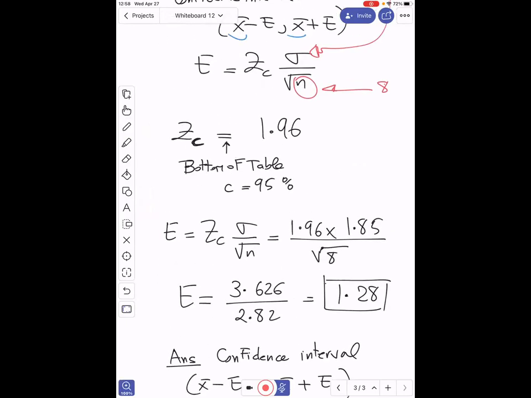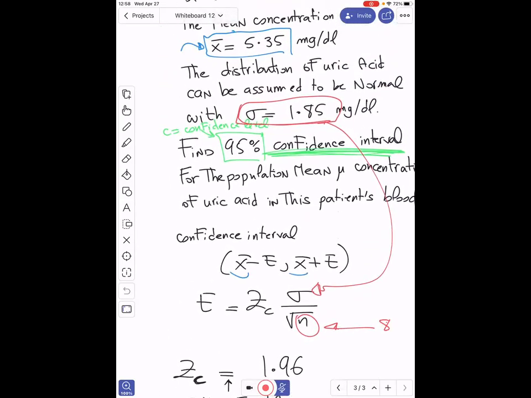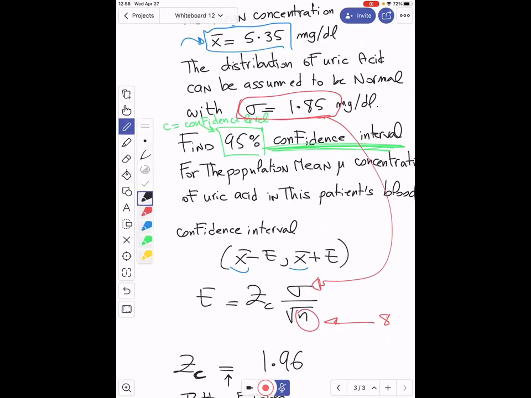Whenever you have to find this confidence interval, X bar is either given, or you can compute it from the sample, like the example we had with the mountain lions, where you can compute their average weight. So X bar is not a problem. Here X bar is 5.35.